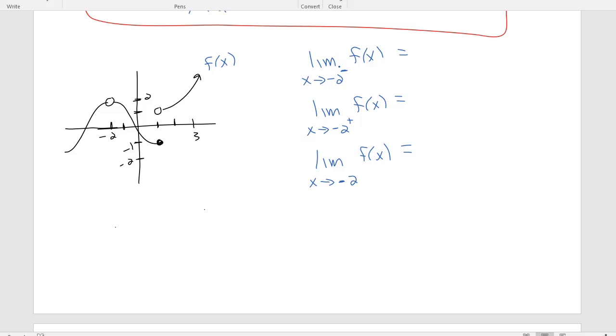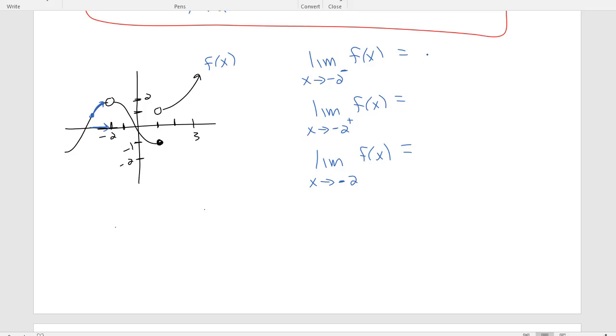When I come over to the graph and look at approaching -2 from the left-hand side, I'm envisioning a point on the graph approaching -2. The inputs of the function are approaching some output, the y values. As I approach -2 from the left, the y values are trying to get to positive 2.